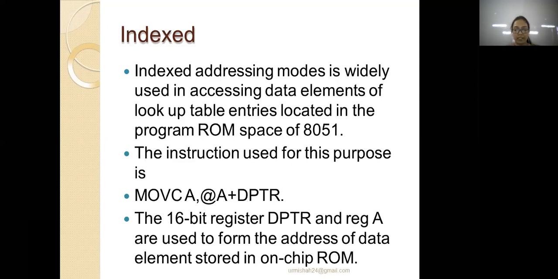DPTR is the data pointer register. It is a 16-bit register while the accumulator is an 8-bit register. So the 16-bit register DPTR and register A are used to form the address of the data element stored in on-chip ROM.